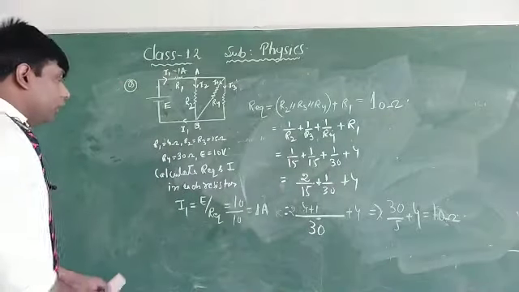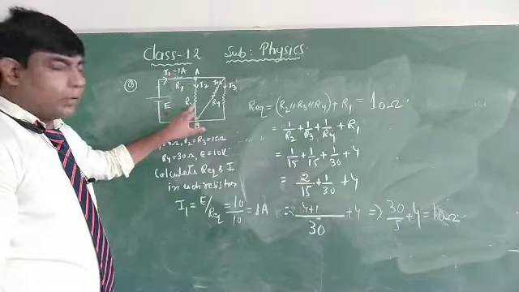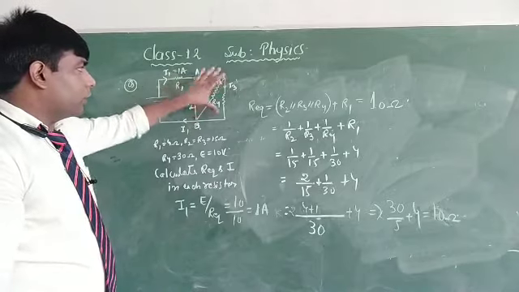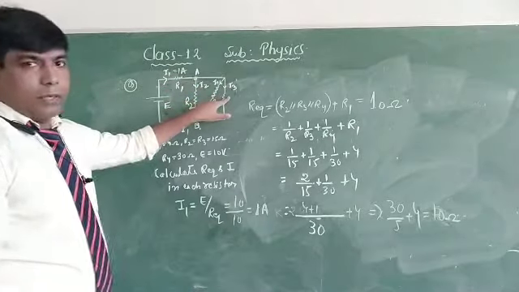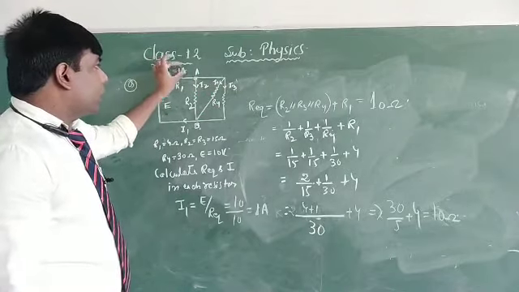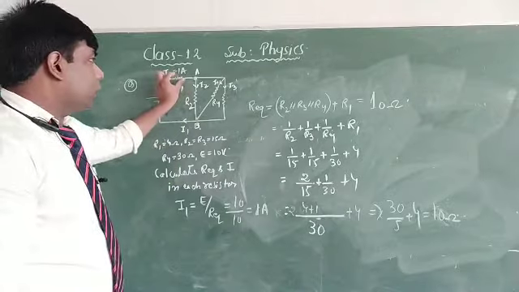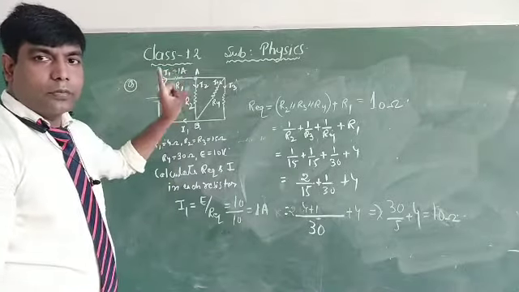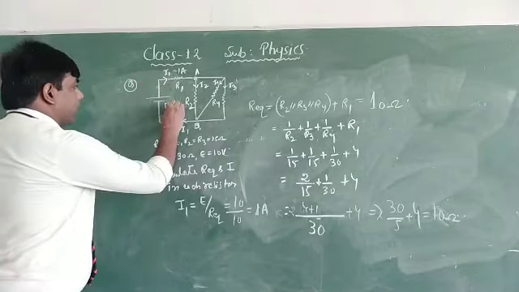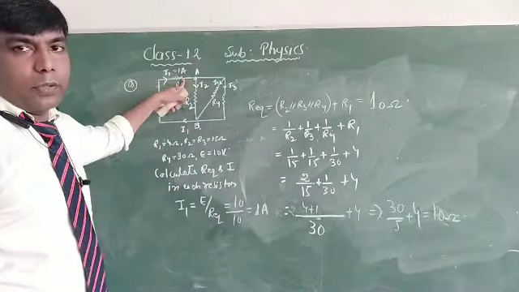Right? Now see, if you want to find the current I2, R2 is given, but you need the voltage VA. Similarly here also you need voltage, here also you need voltage, because you know the value of resistance. Now see, when 1 ampere current is flowing, R1 value is how much? 4. So here the voltage drop will be how much? 1 into 4, that is 4 volt. Means when 10 volt is coming, then 4 volt is the potential drop in resistance R1.